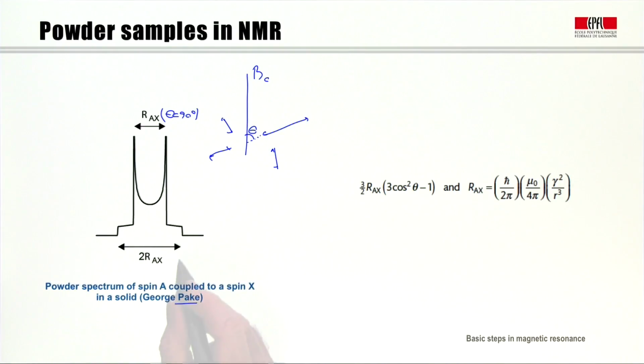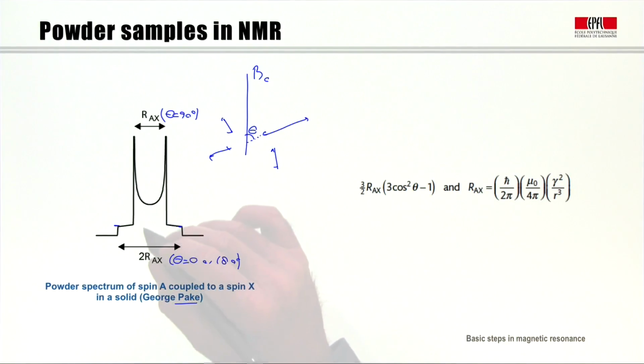But this larger splitting here corresponds to theta equal 0 or 180 degrees, and the signals are weaker here in amplitude because the likelihood that they should be precisely parallel to the magnetic field is much smaller.